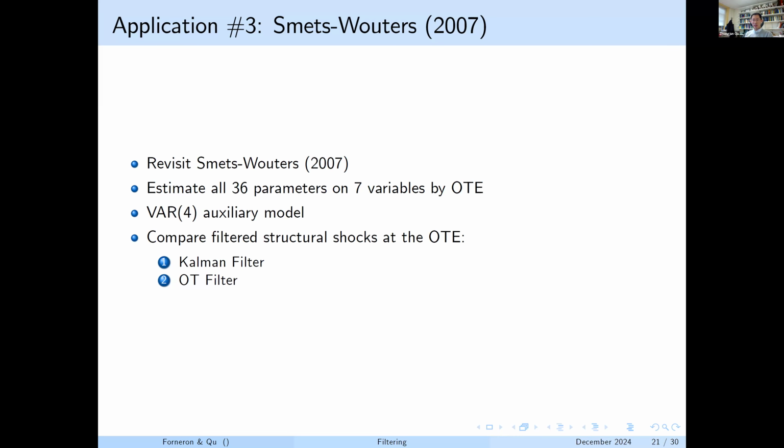Again, we experimented with 6 lags. The results are quite similar. The parameter estimates are included in the paper. Here, I will only show you guys the filtered structural shocks coming out of the Kalman filter and coming out of the OT filter that we propose.